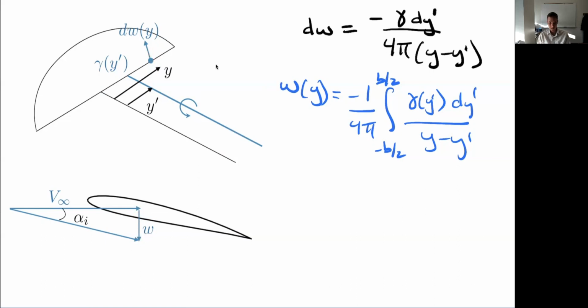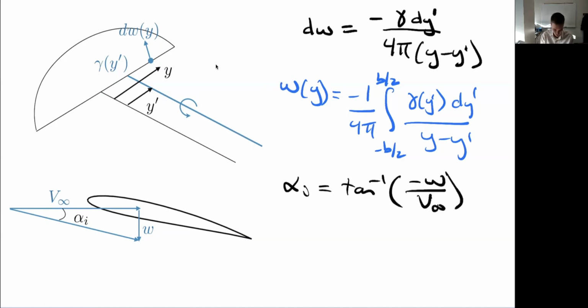We've calculated generically upward, so I'm going to have to make sure to change the sign here. But I can now calculate this induced angle of attack, how much my angle of attack is reduced by the presence of this downwash, and it is the arctangent of minus w over v infinity. And I need the minus sign here because I've defined this angle as positive down, whereas I computed it positive up before.